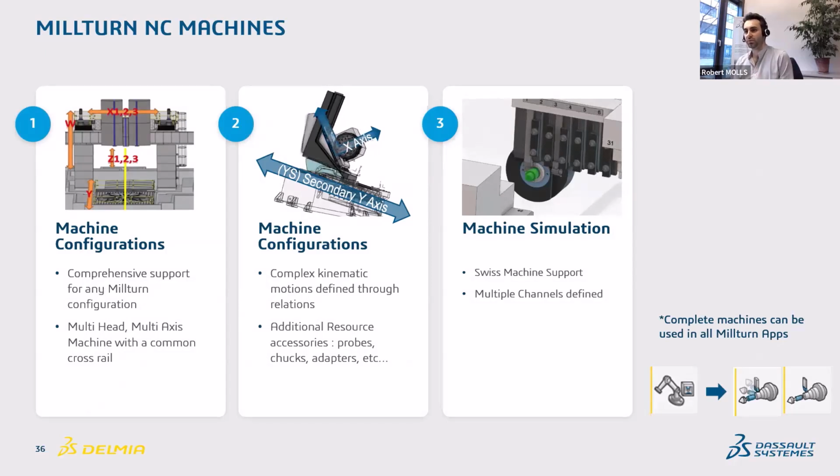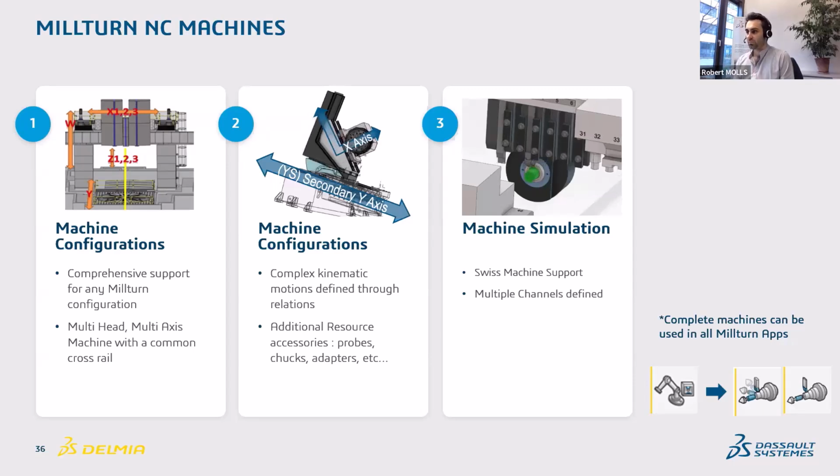So machines with several spindles, machines with 2 axes moving in relation to each other to create a movement, or complex machines like Swiss machines are all supported in 3D experience and can be programmed.